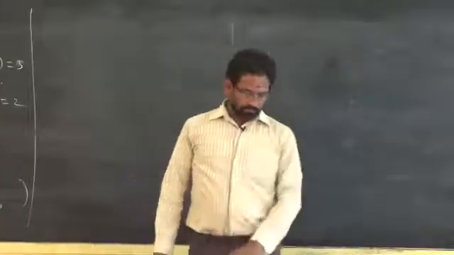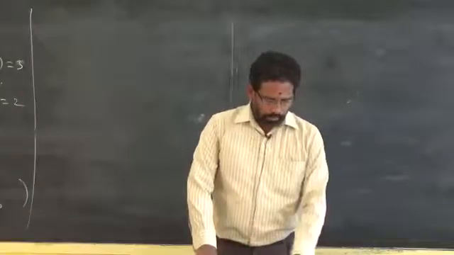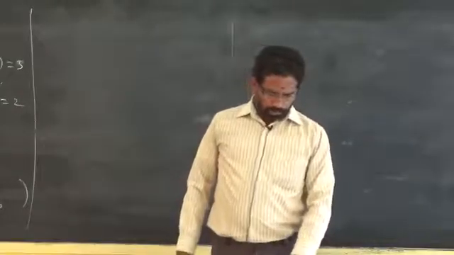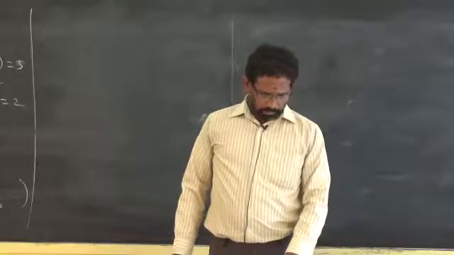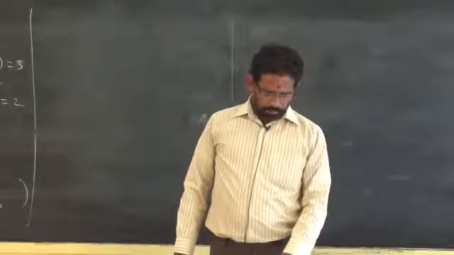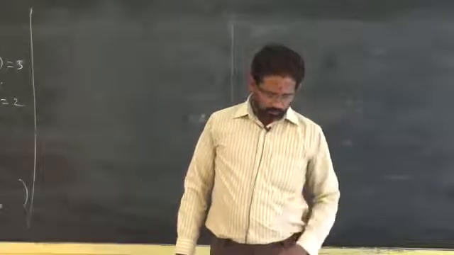Question number 7. The prices of 3 commodities X, Y and Z are small x, small y and small z respectively.